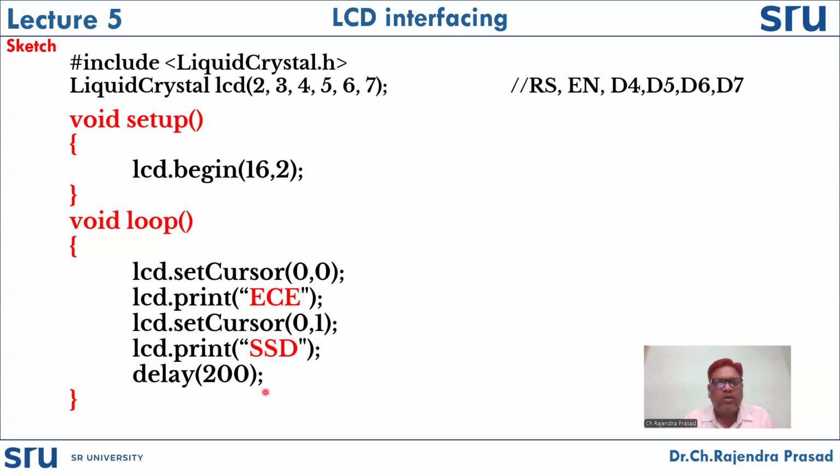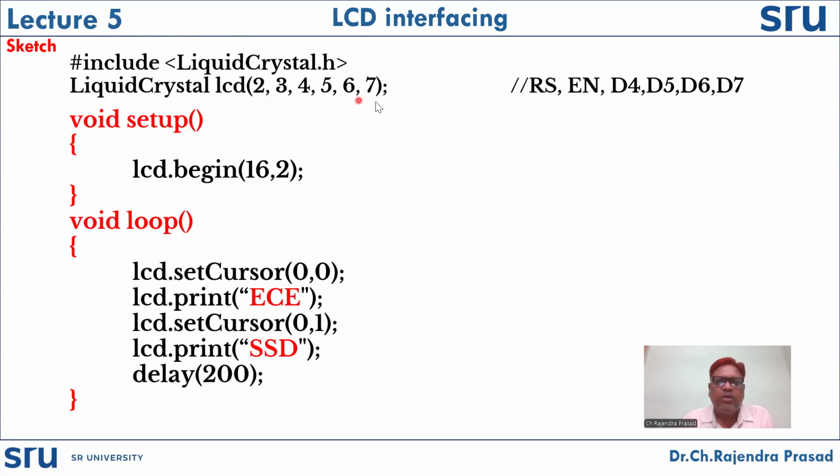So with this, we completed our sketch. In this sketch, I first included the LiquidCrystal.h library. Then I defined the class, and I have given the name for my class as lcd. We can also give any other name.